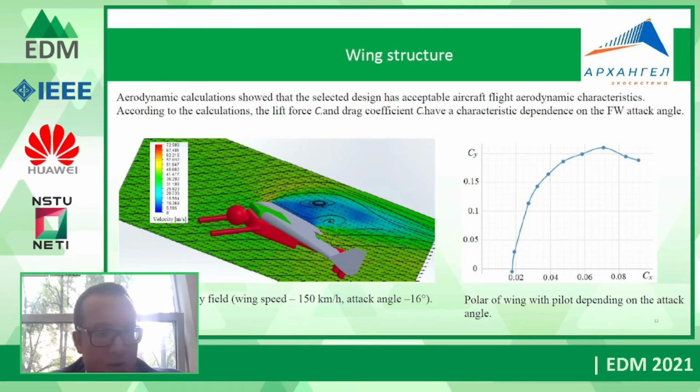So for the attack angle of 16 degrees, the maximum speed we assume for this profile will be 200 kilometers per hour, and this is cruise speed.